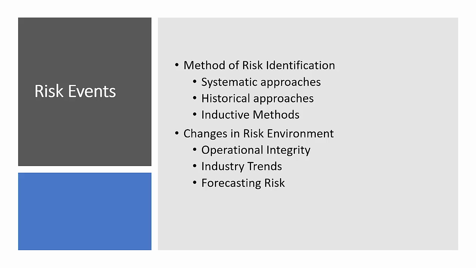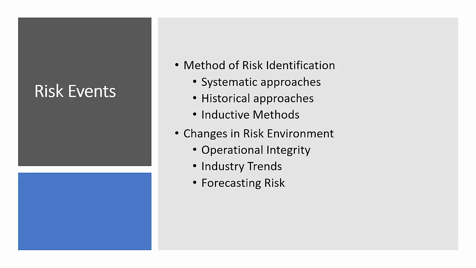One more important thing I would like to add in the operational integrity example: we have a change management process but it is not effective, and because of the ineffective change management process, it leads to new risk. We have asset management but it is not properly managed, and that leads to new risk. If we have not adapted to a change in the industry trend, or forecast wrongly, it will impact the change. So these are the important parameters which change the risk environment.